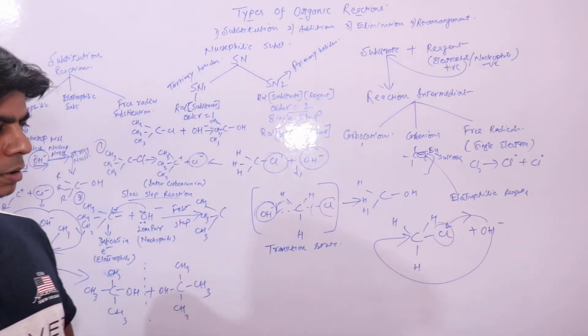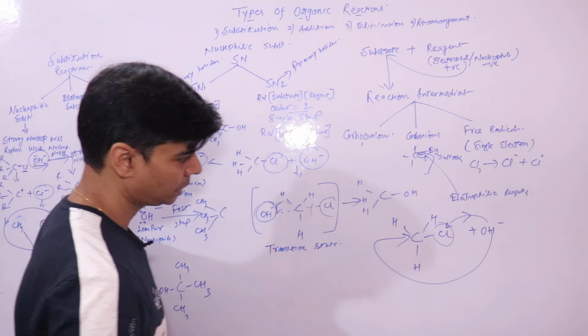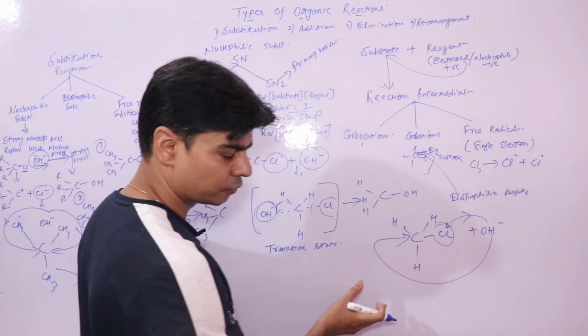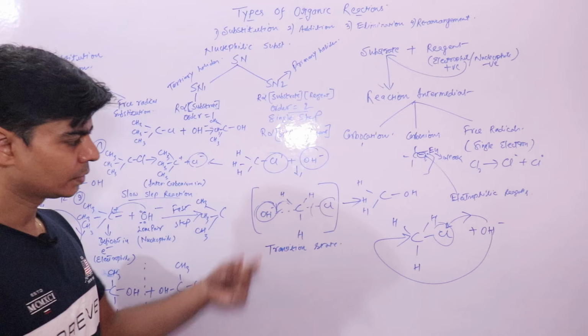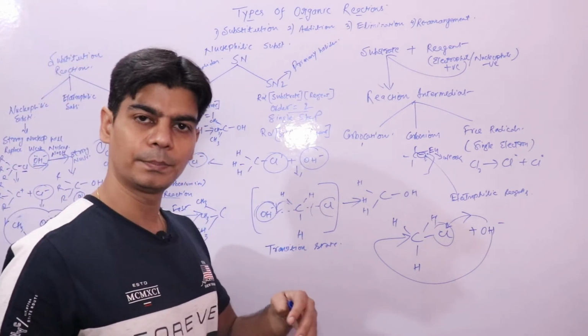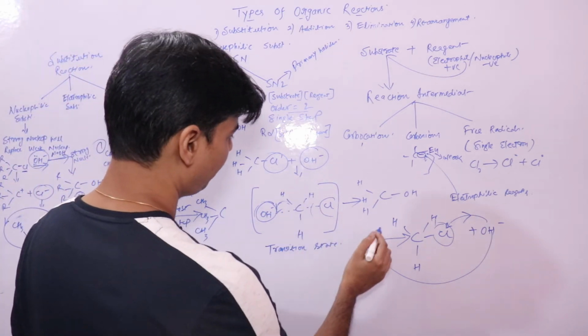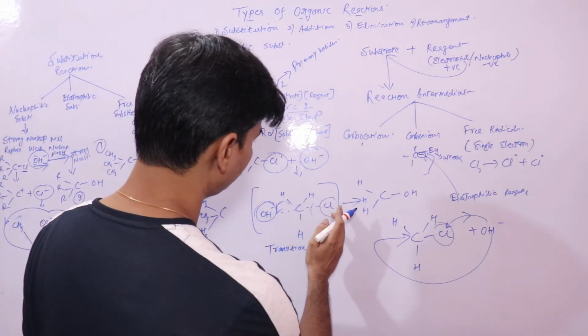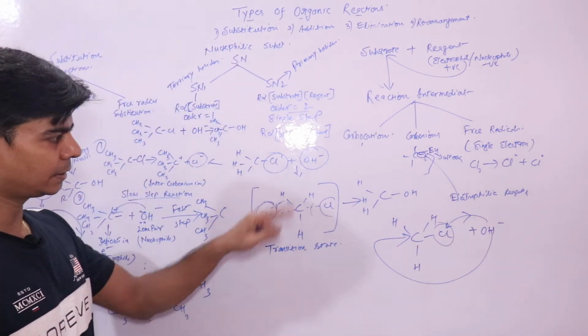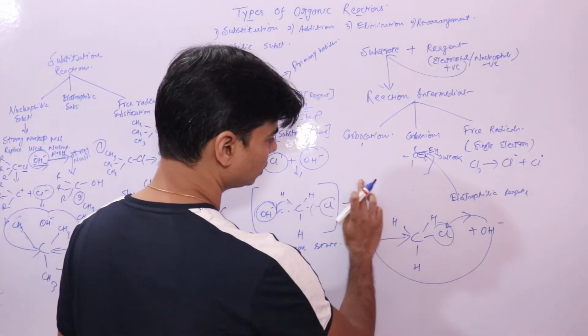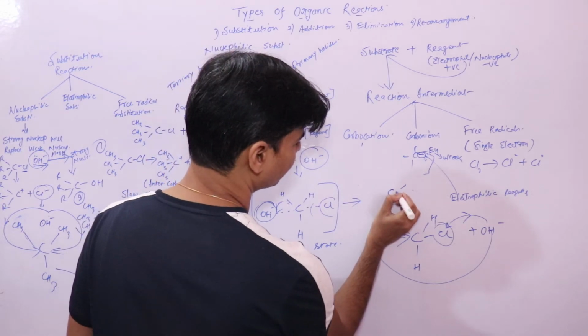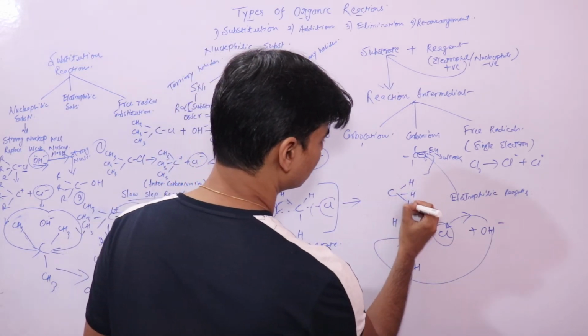So this is its important stereochemistry. When the product forms, if the already present nucleophile is here, then in the product the nucleophile would be in the opposite direction. If I draw it based on stereochemistry, the product would be this.